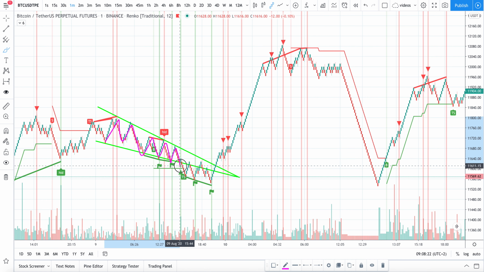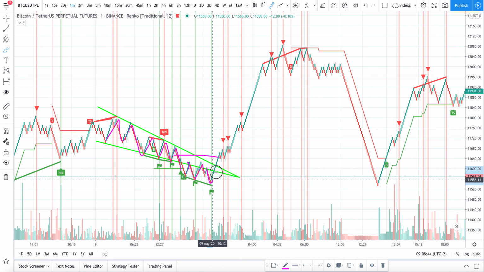Price broke, okay, and retested here. So you would have sold here. So you sold here, you keep the sell open, you sell more here. Price getting high again. I always set a stop loss in profit, for example, but price here went through the channel.